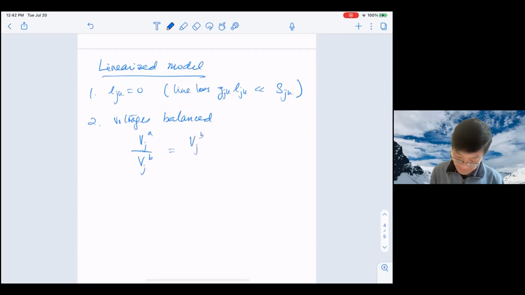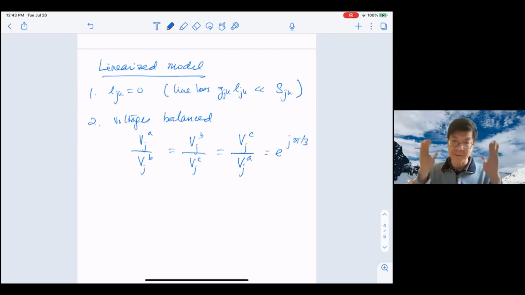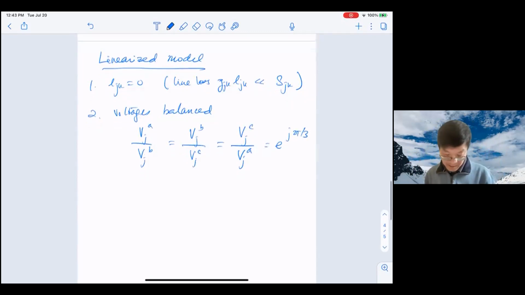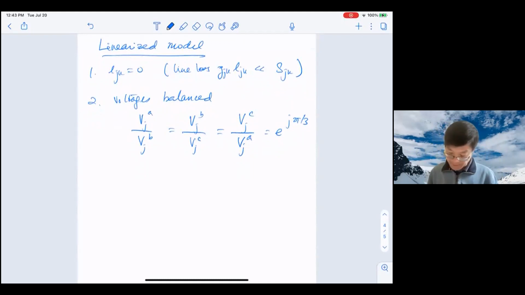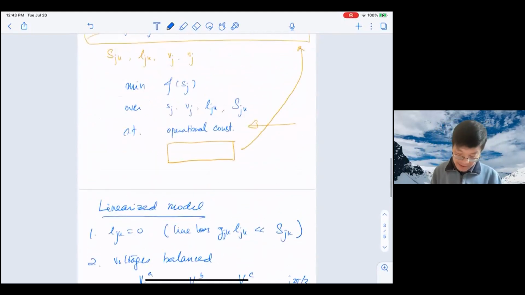Say V_jB, V_jC, and V_jC, V_jA. So they are 2 pi over 3, 120. So it's balanced voltage. So the magnitudes are the same, angles are separated by 120 degrees. Now, what is the implication of these two assumptions on the linearized model?